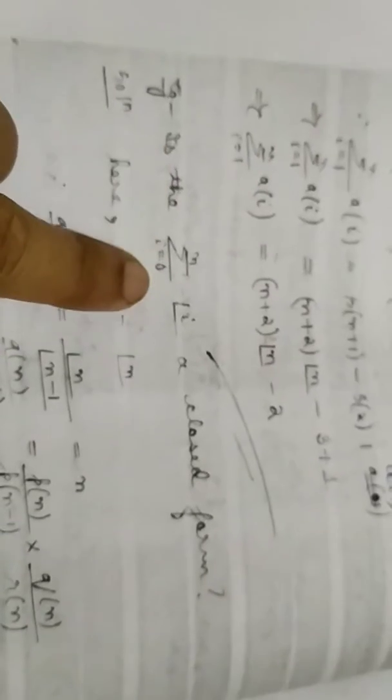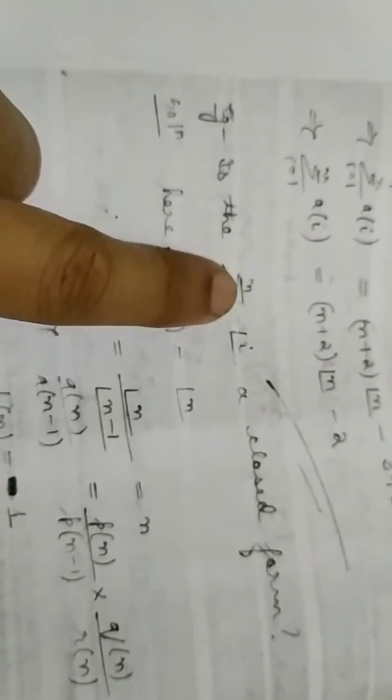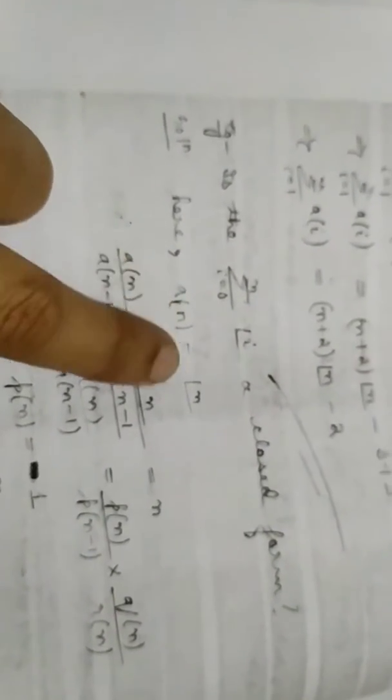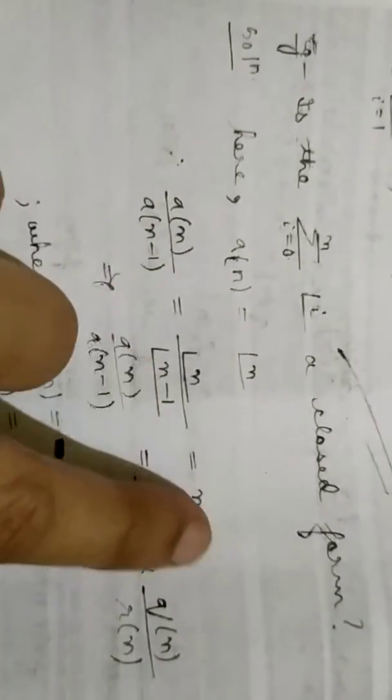And next example, whether this is a closed form or not, we have to verify it. So that it is not actually closed form. The definite sum is not in a closed form, because you can see, just consider here an is equal to factorial n. So if I consider this one, an by an minus 1, so this is n.